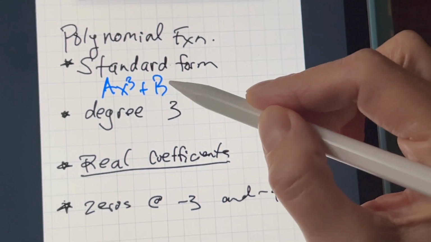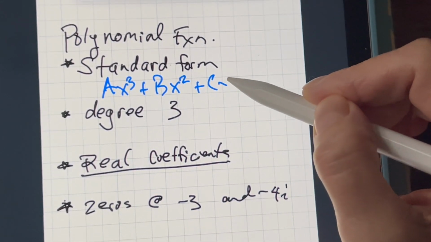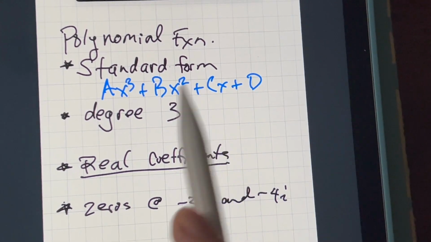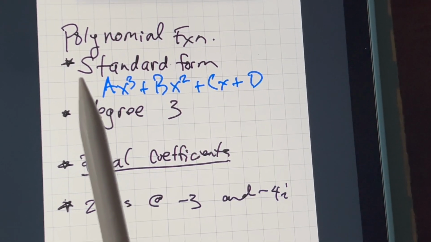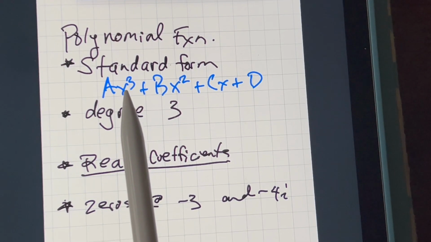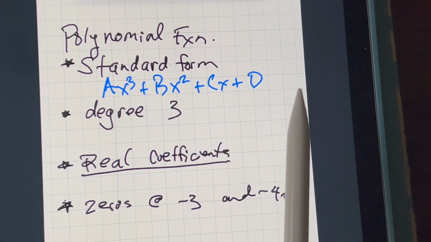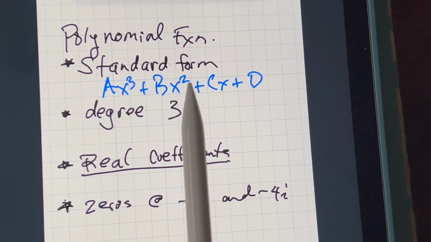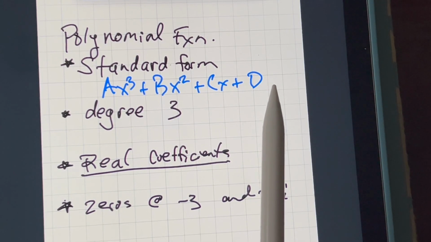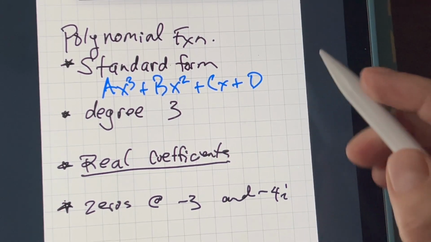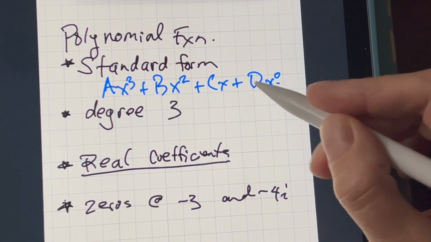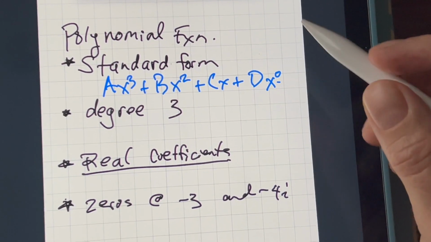Standard form is you have the degrees in descending order, 3, 2, 1, and 0, because anything to the 0 power is 1.